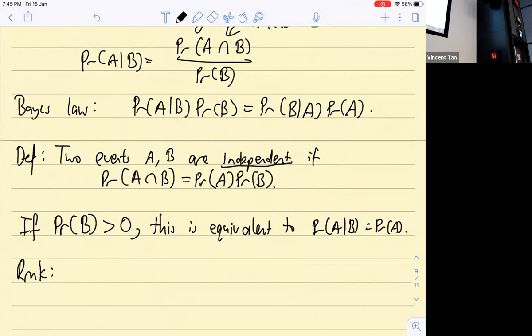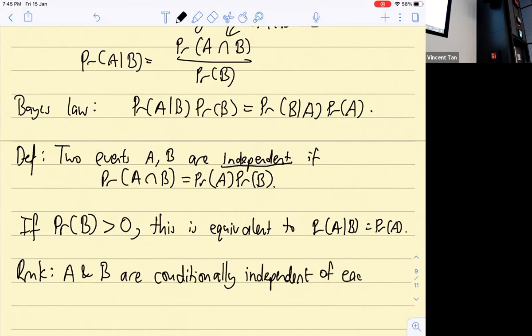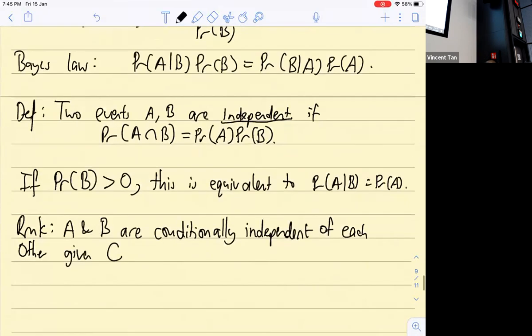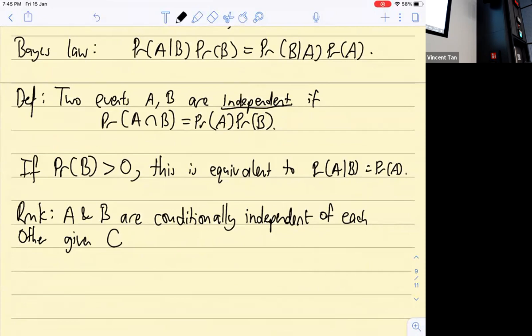So events, it is understood that all these are events already. A and B are conditionally independent of each other given event C, where A, B, C are all events, okay? Otherwise, I'm not going to write it down. We are only going to deal with subsets that are events from now on.